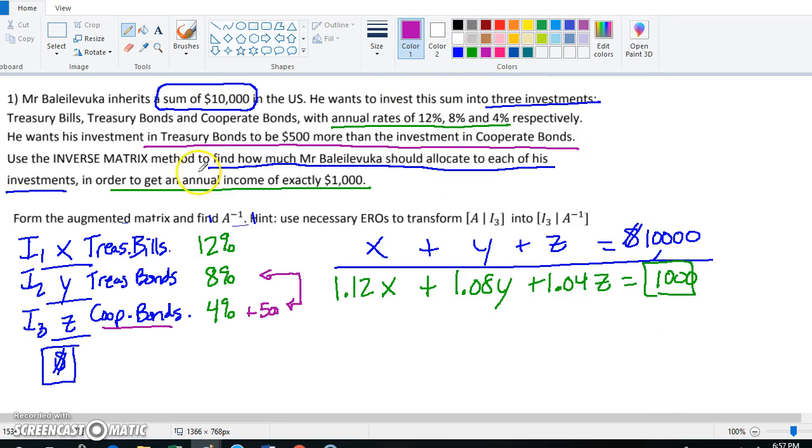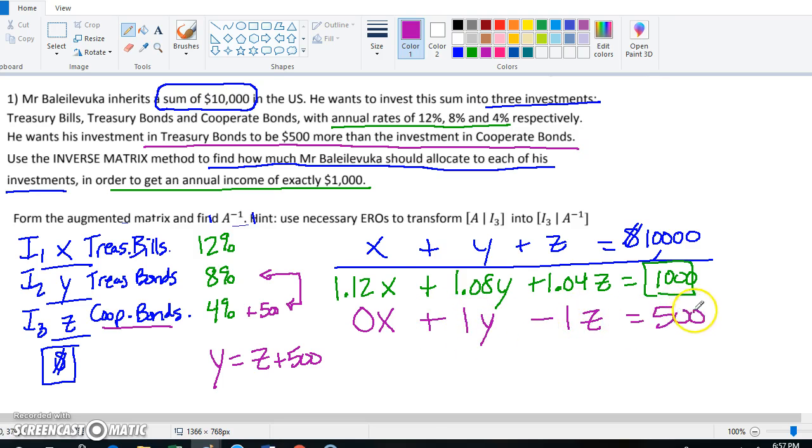Okay, lastly, let's take a look at this idea that the treasury bonds have to be 500 more than the corporate bonds. So that means y has to equal z plus 500, or 0x plus 1y minus 1z has to equal 500.